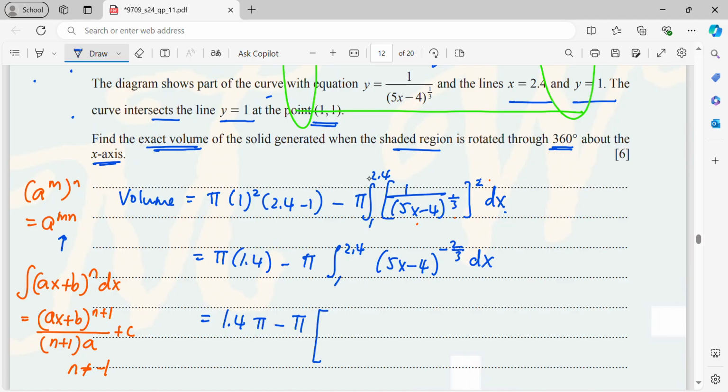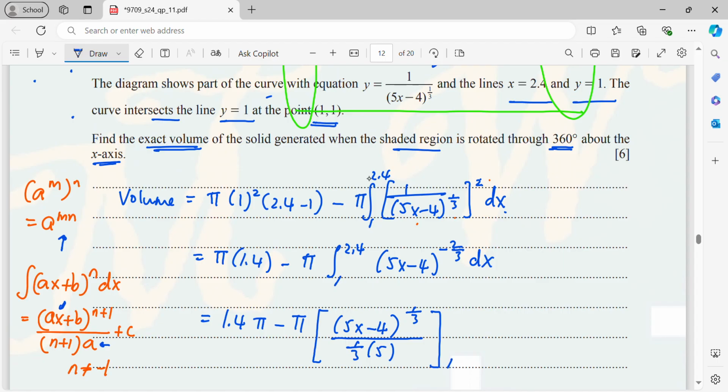So from here, when I replace the function in the formula, it becomes 5x minus 4. The power negative 2 over 3, you plus 1. So negative 2 over 3 plus 1, it becomes 1 over 3. Then over 1 over 3, and differentiate 5x minus 4, that is 5. Okay, the a comes when you differentiate ax plus b.